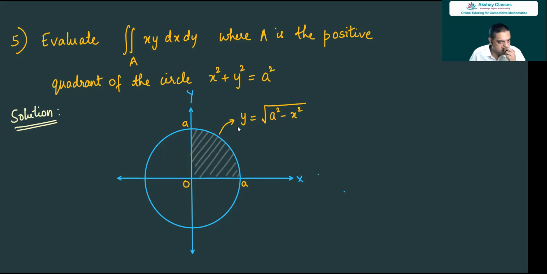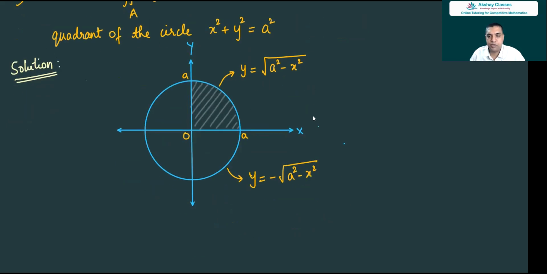This is the positive part. Below the x-axis, y is minus root of a square minus x square. From this equation of circle, we write y as plus or minus under root of a square minus x square. The minus portion is this bottom part. The plus portion is this top part.